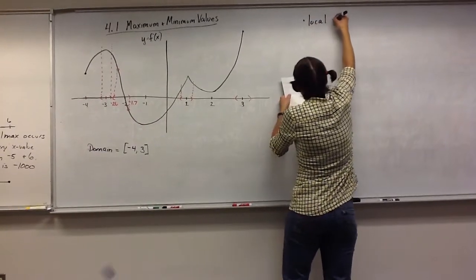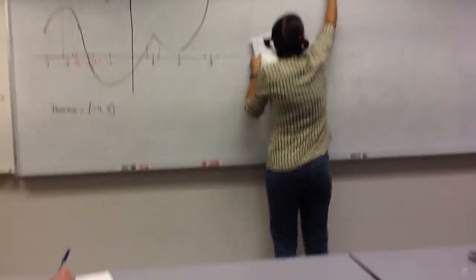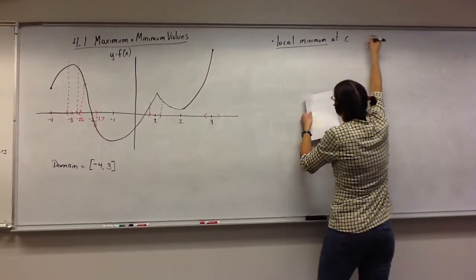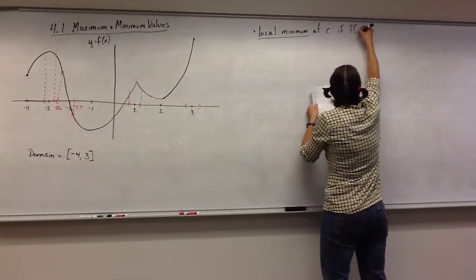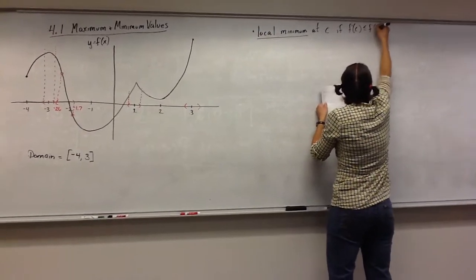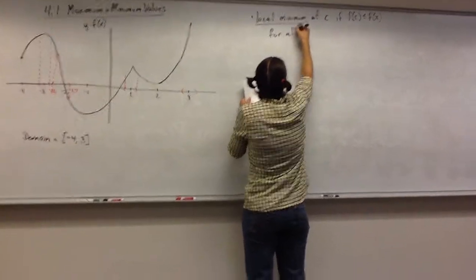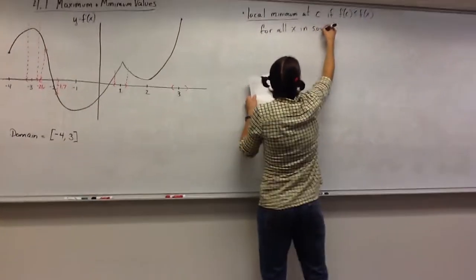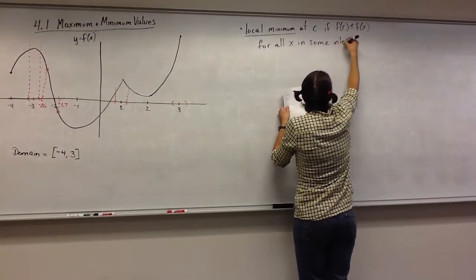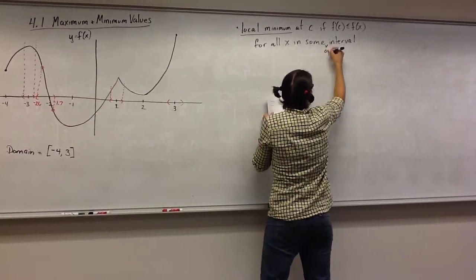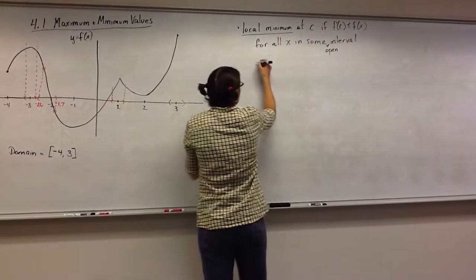We have a local minimum at an x value of c if f of c is less than or equal to f of x for all x in some open interval containing c.